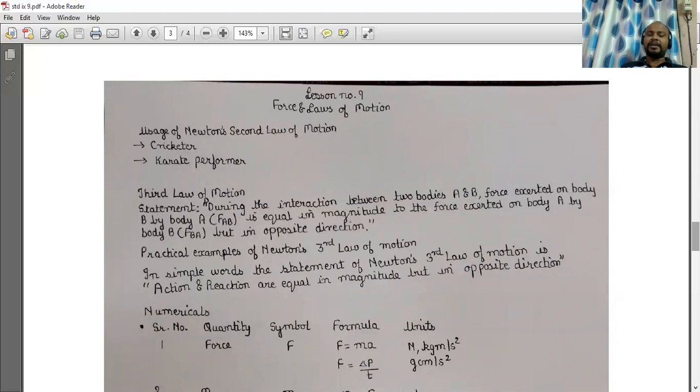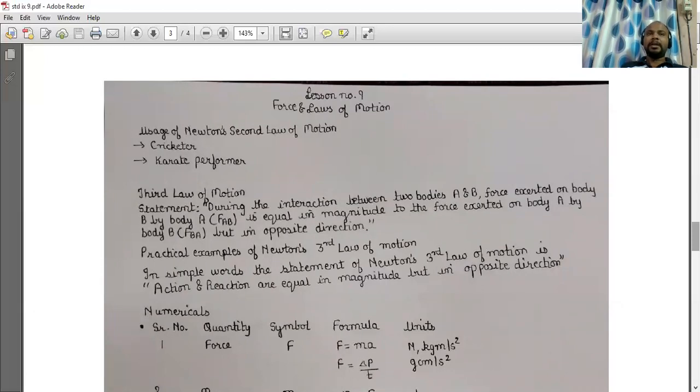Let us see few practical examples of Newton's third law of motion. First example is when we jump from a boat to the seashore side, we are able to see the boat moves towards the opposite direction. When we throw a ball towards the wall with some force, it comes towards us with the same force.